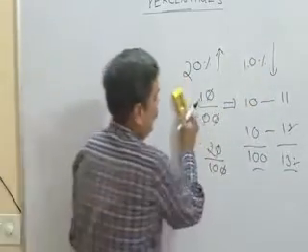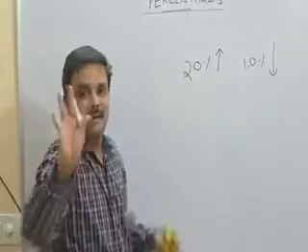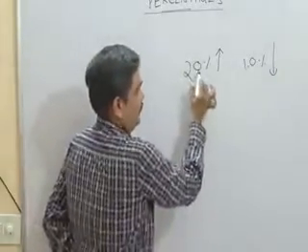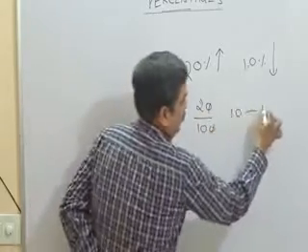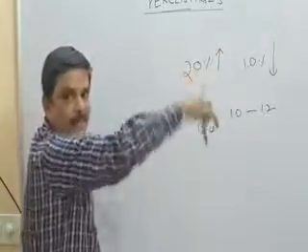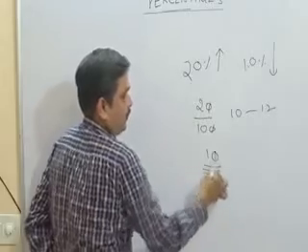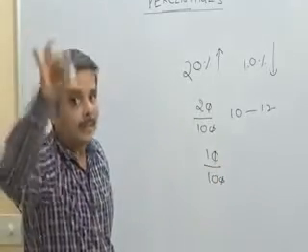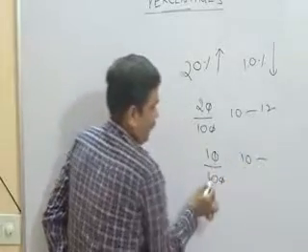Now obviously, without taking the number as 100, I am doing this question directly in this way. Now 20% increased means 20 by 100, which means 10 has become 12. But after that 10% decreased. When it is decreased, again I will take 10% means 10 by 100. But this time 10% decreased, so 10 is decreased by 1. 10 has become 10 minus 1.